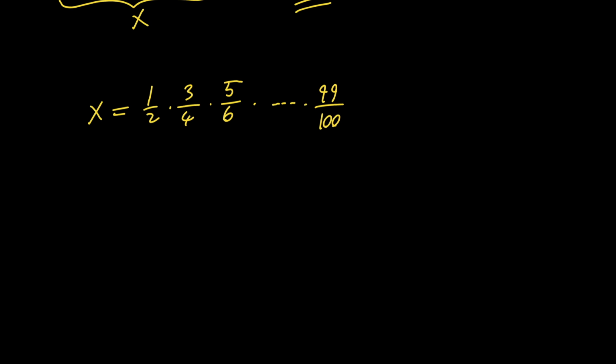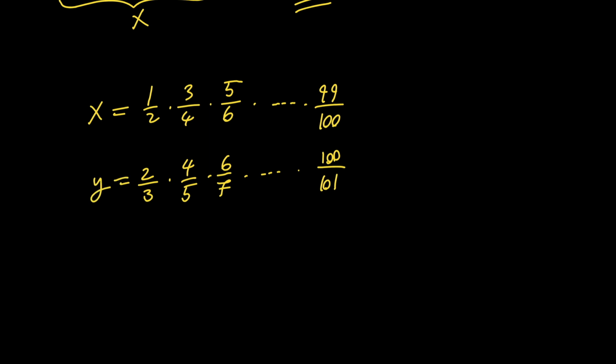For the first one, I'm going to have 2/3. For the next one, 4/5. For the next one, 6 over 7. And if I keep doing that, for the last one, I'm going to have 100 over 101. Then I'm going to call the product of these numbers y.